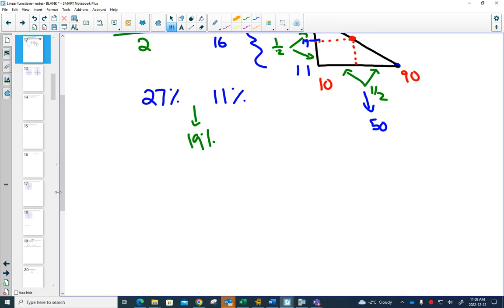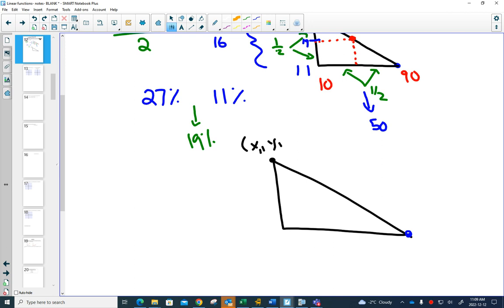So let's say instead of numbers, I'm going to call this point x1 and y1, and this point x2 and y2. And we're going to figure out the formula for the x coordinate right here. We could do the same thing with the y, but it's identical. If we can do it with the x coordinate, then we could do it with the y coordinate.